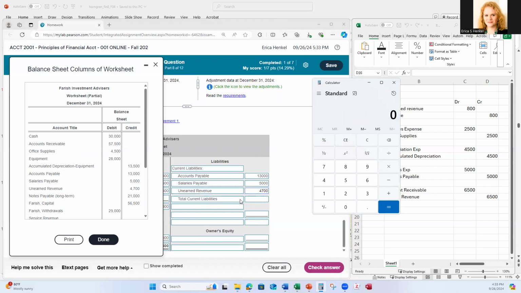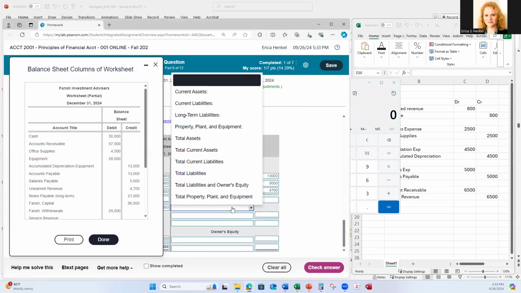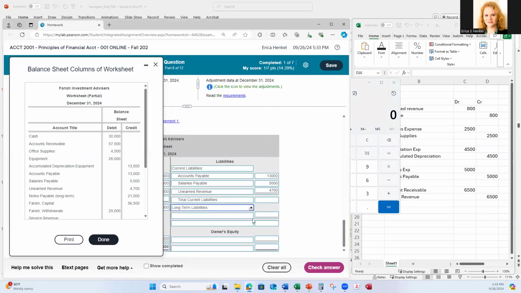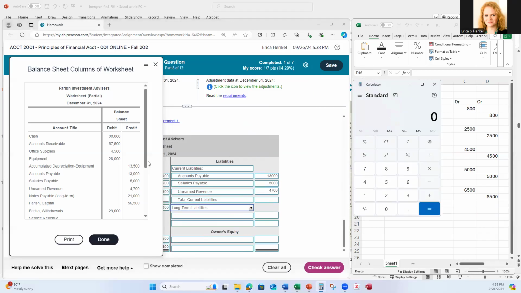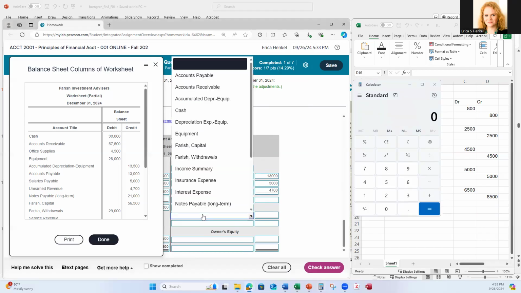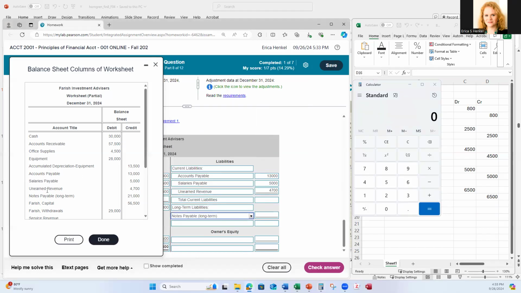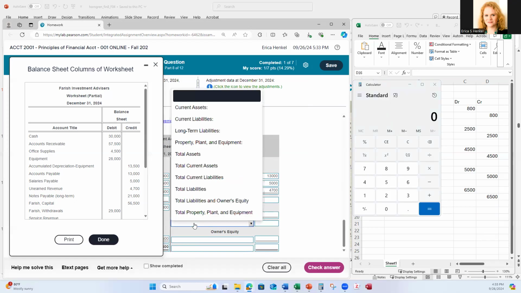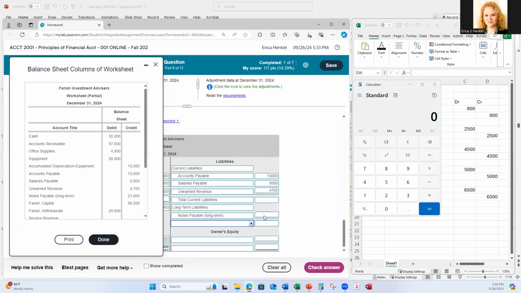Now, after our current liabilities, we have long-term liabilities. So liabilities that are not expected to be paid off within 1 year. And if we look here, we've got notes payable long-term, which is listed. And then after that, we've got capital. So that's our only long-term liability. Because there's only one long-term liability, they're not going to have us do total long-term.